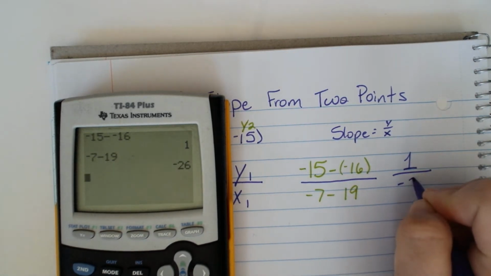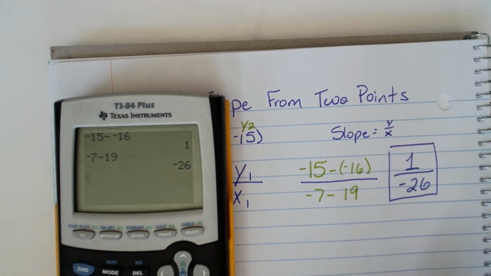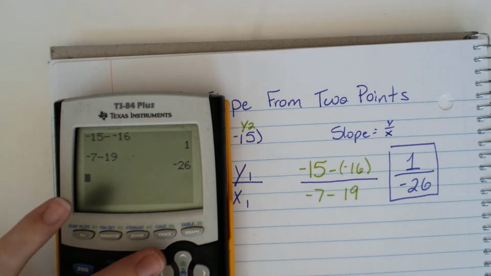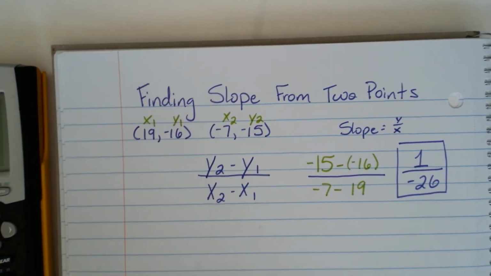And that is negative 26. There is your slope right there. 1 over negative 26, negative 1 over 26. So let's do our next example.